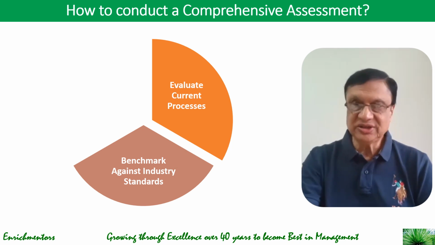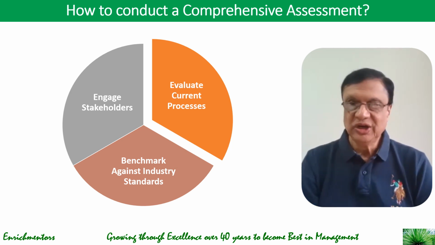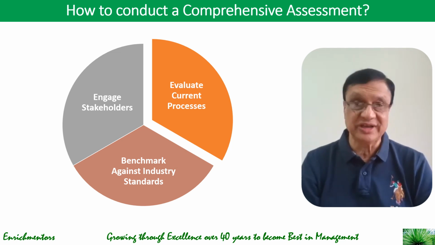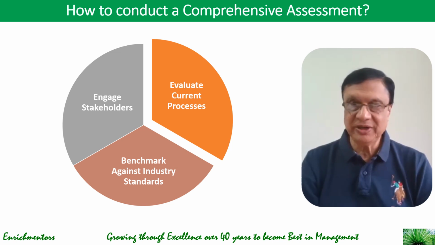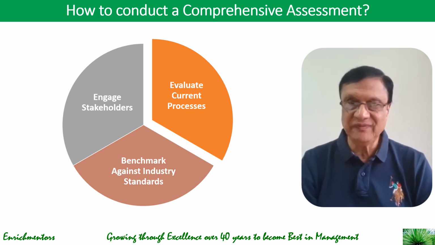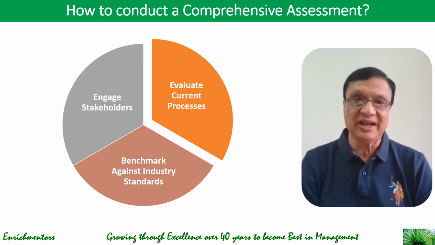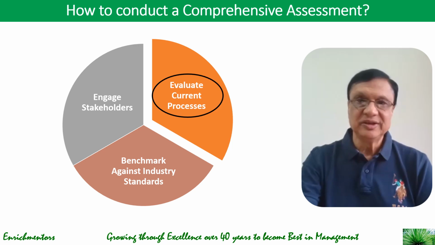The third step in doing a comprehensive assessment is to involve key stakeholders from clinical, administrative, and financial departments to get a full understanding of the entire revenue cycle, not just part. Cross department input is essential for identifying gaps and ensuring alignment. So, that's a quick overview of how to conduct a comprehensive assessment.